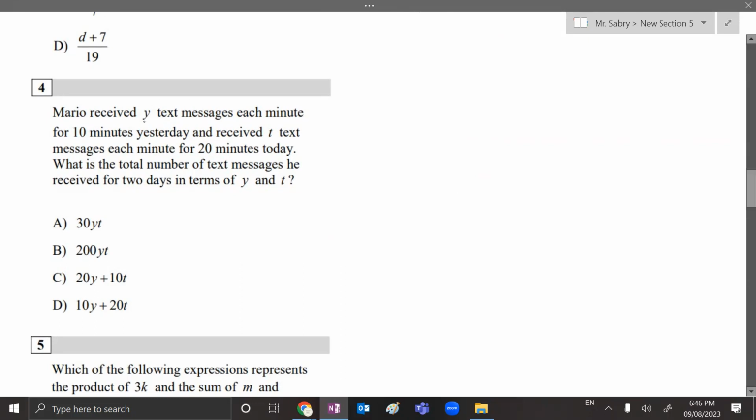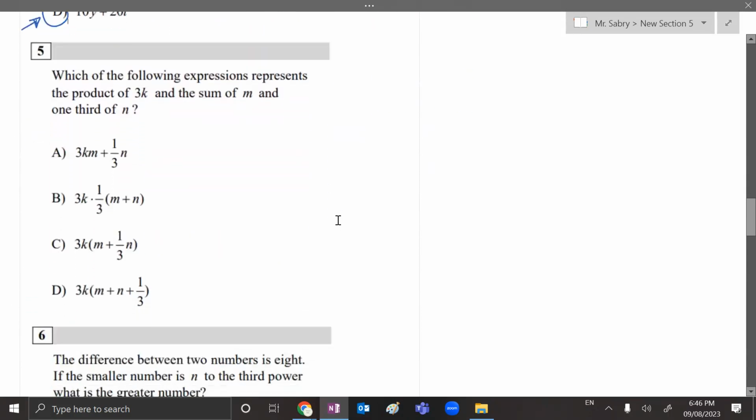So if I do Y text messages each minute for 10 minutes, the total messages will be 10 times Y, which is the number of minutes multiplied by the number of messages sent per minute. Add to this 20 minutes multiplied by the number of text messages sent on the other day. So that means that the answer should be D.